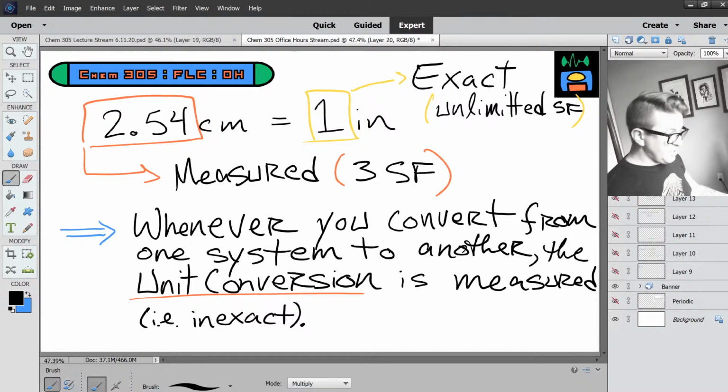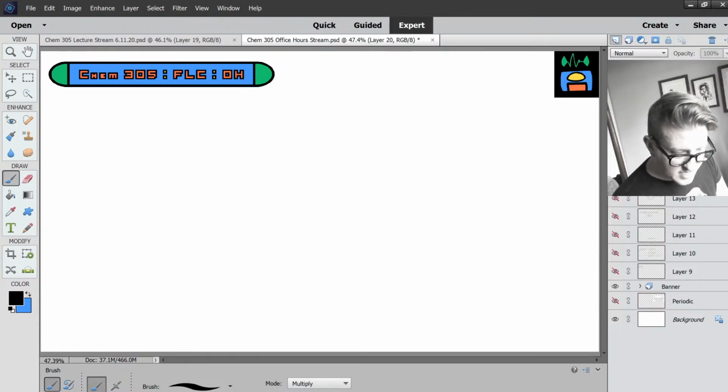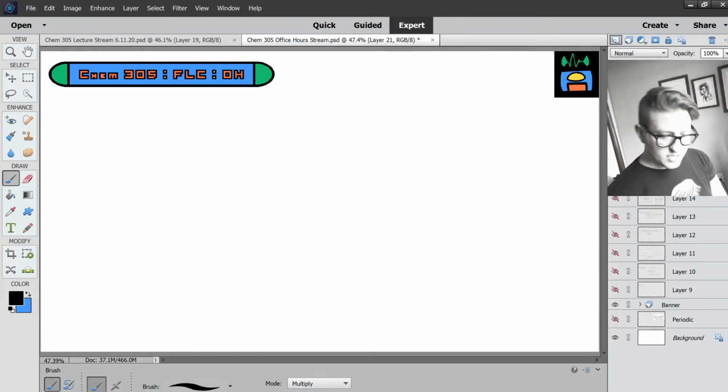Brianna, that is totally correct. If something is measured, it's inexact. Okay, and this is good. I'm really glad we're having this discussion. Here's the thing to remember.